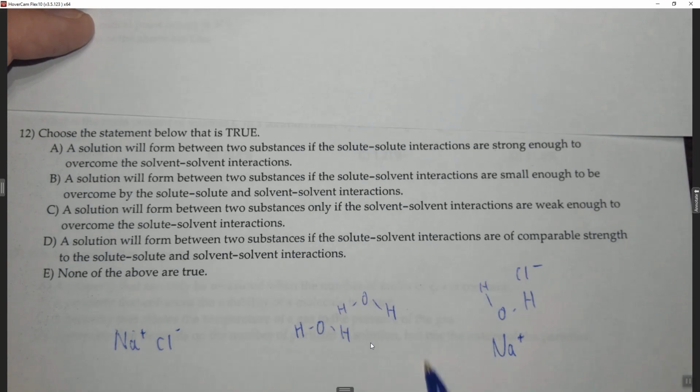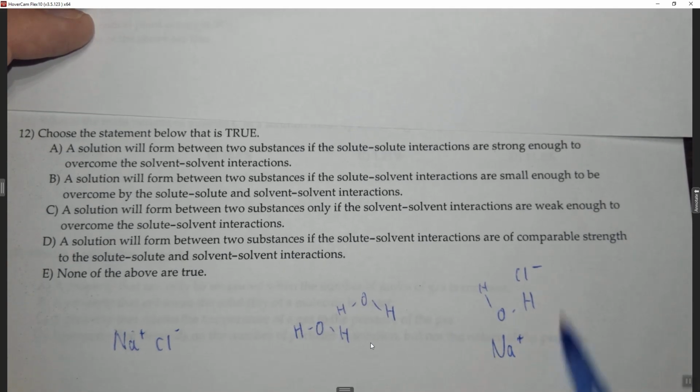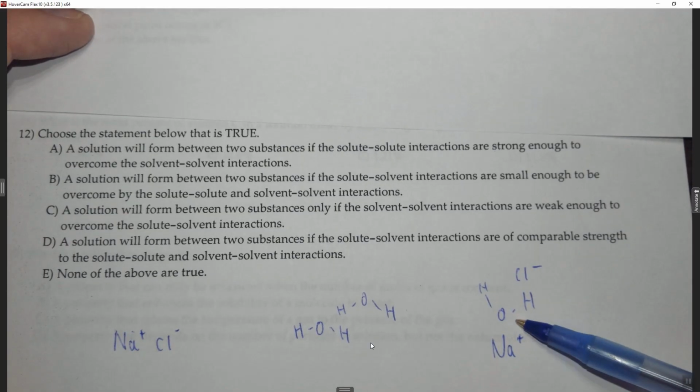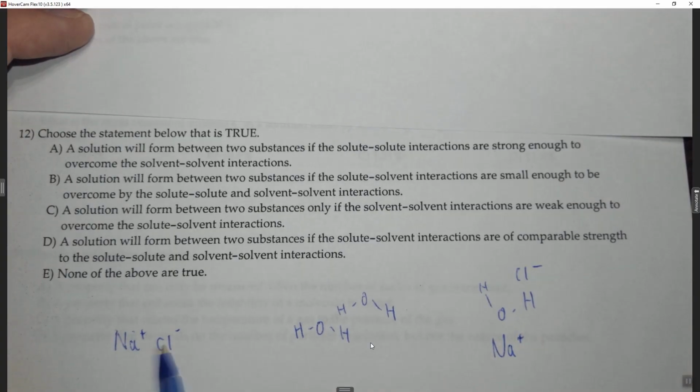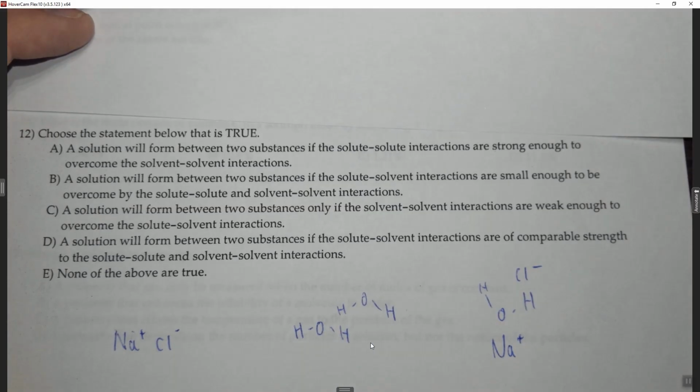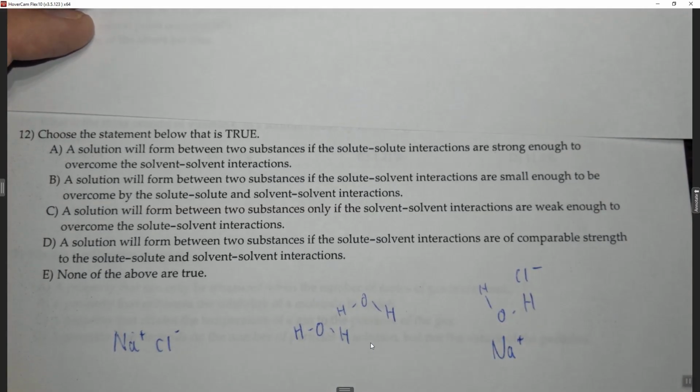So if this new form of interaction, in this case the ion-dipole interactions between water and chloride and sodium ions, is comparable in strength to overcoming this solute interaction and this solvent interaction, then a solution will form. And they have to be relatively comparable in strength.